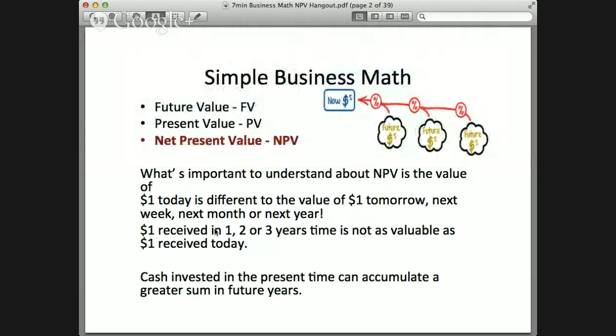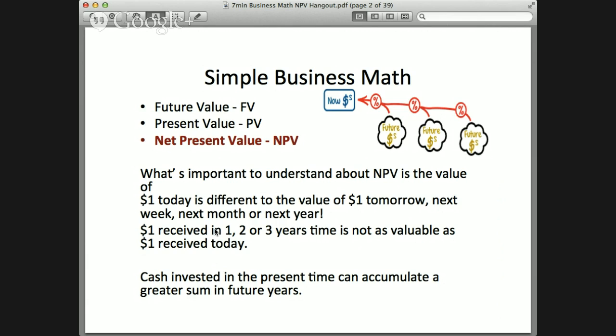We're looking today at simple business math and primarily at net present value, or NPV. We're going to touch very briefly on the future value, or FV, and the present value, which is PV. What's important to understand about net present value is that the value of $1 today is very different to the value of $1 tomorrow, next week, next month, or next year.